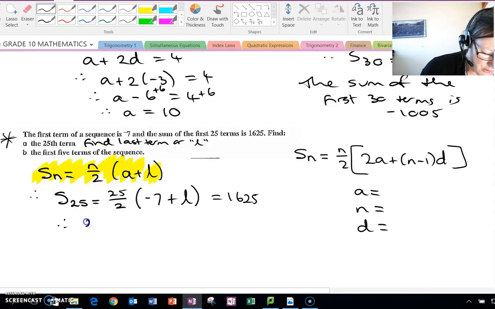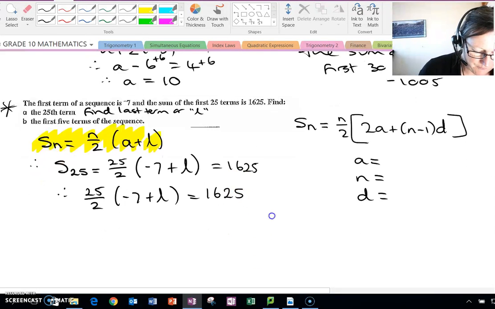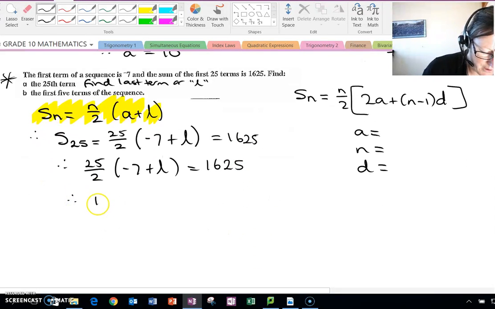So in other words, 25 over 2 times negative 7 plus L is equal to 1625. 25 over 2 is 12.5. So 12.5 times the bracket is equal to 1625.